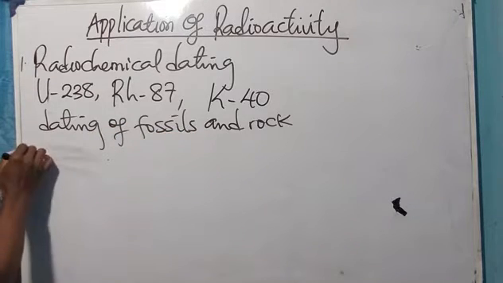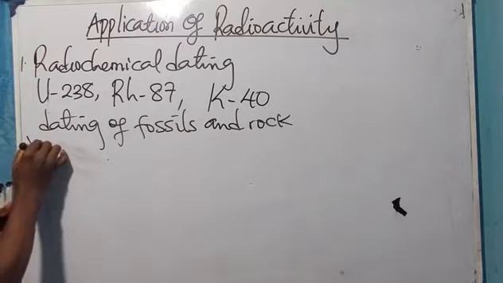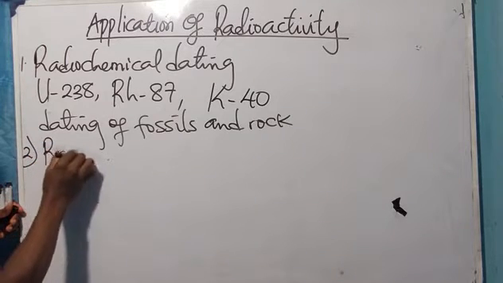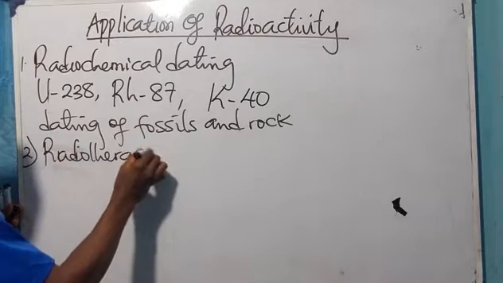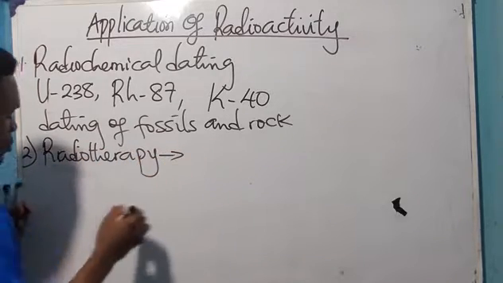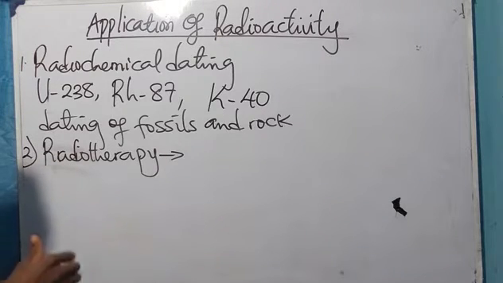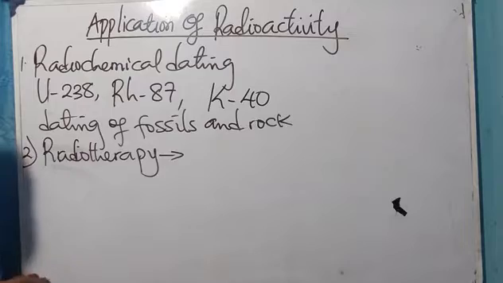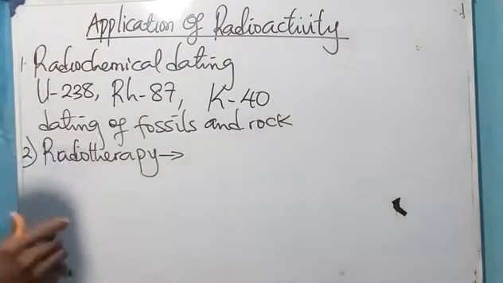Number 2, you now have radiotherapy. Some radioisotope elements are used in treating what? Cancerous cells. They are used to treat cancerous cells.